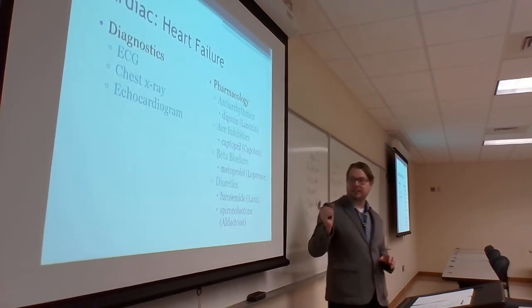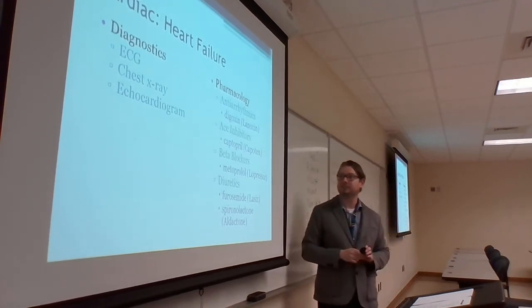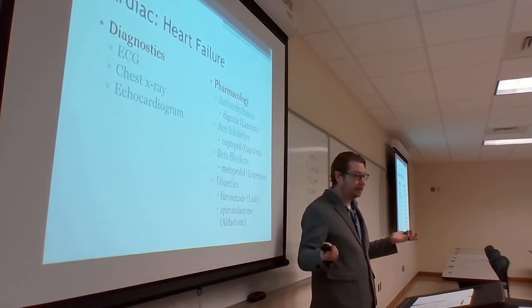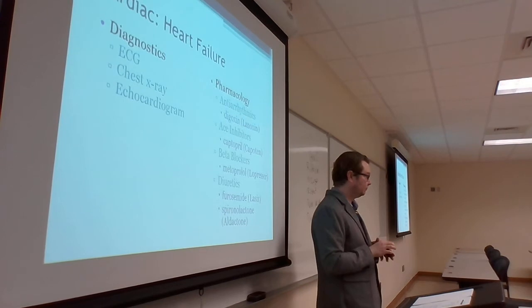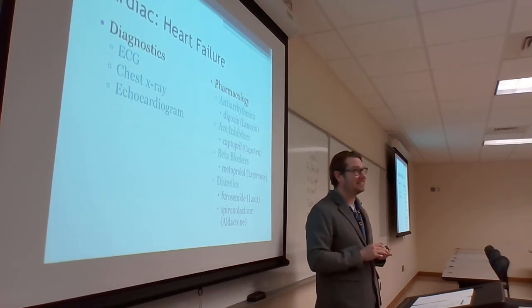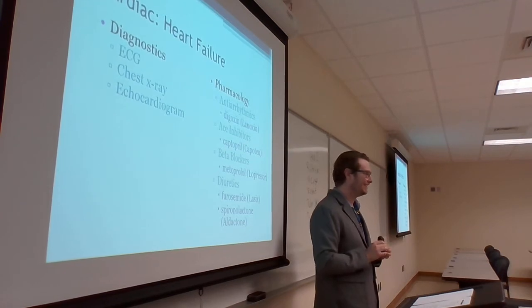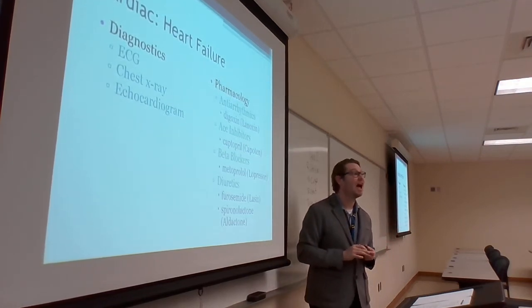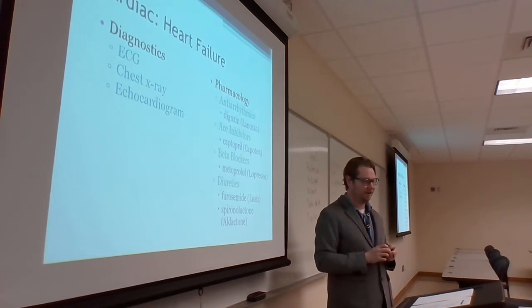Okay, so it'll decrease systemic vascular resistance. That said, what's your most common side effect? Coughing. Most common serious side effect. I mean, you can have the dry, irritating cough. What was that? Hypotension. That's the one we worry about.